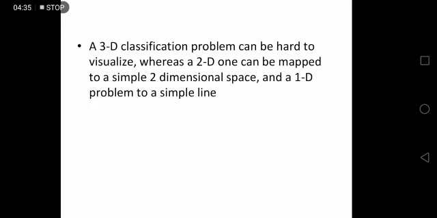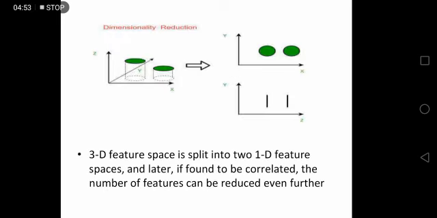A three-dimensional classification problem can be harder to visualize, whereas a two-dimensional one can be mapped to a simple two-dimensional space and a one-dimensional problem to a simple line. The next figure illustrates this concept where three-dimensional space is split into two one-dimensional feature spaces, and later if found to be correlated, the number of features can be reduced even further.